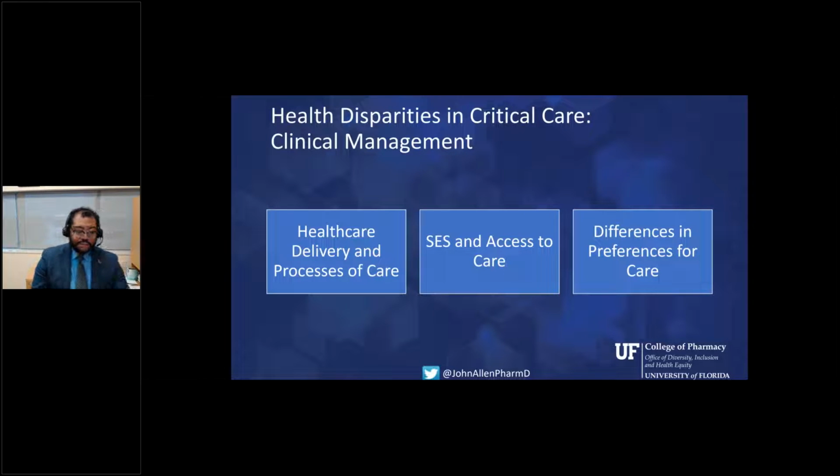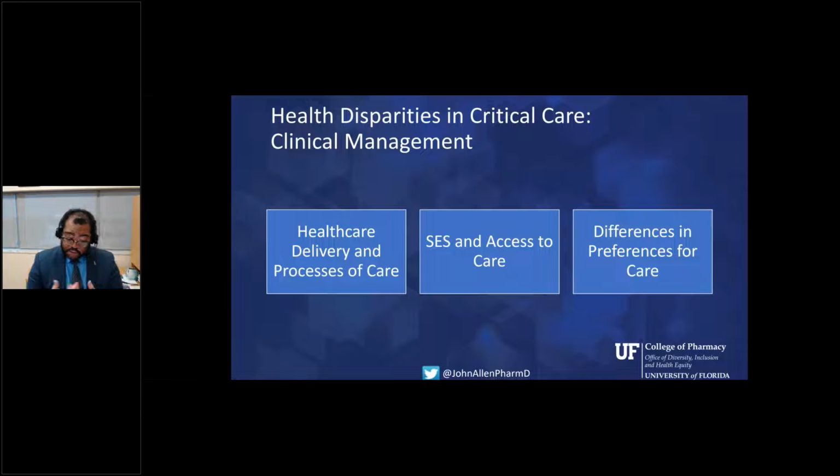Now let's shift gears a little bit and talk about health disparities with respect to clinical management. When we talk about healthcare delivery, in this case, we're really talking about the type and quality of care that's delivered. One of the things that can drive disparities in clinical management is the type of institutions that our patients are attending.